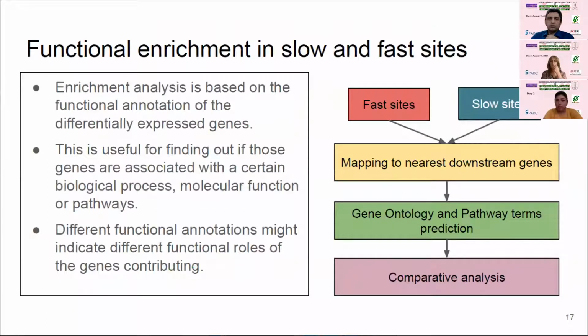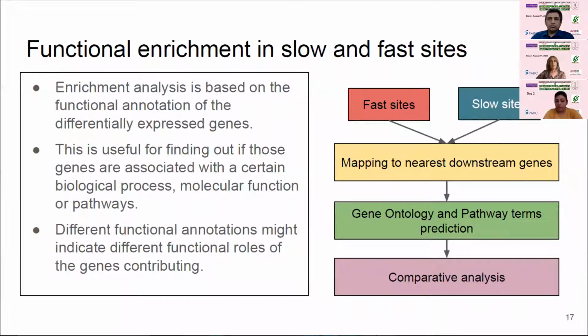Now, the functional enrichment of the fast and slow sites. Enrichment analysis is based on the functional annotation of the differentially expressed genes, and we can use it to find out if those genes are associated with a certain biological process, molecular function or pathway.